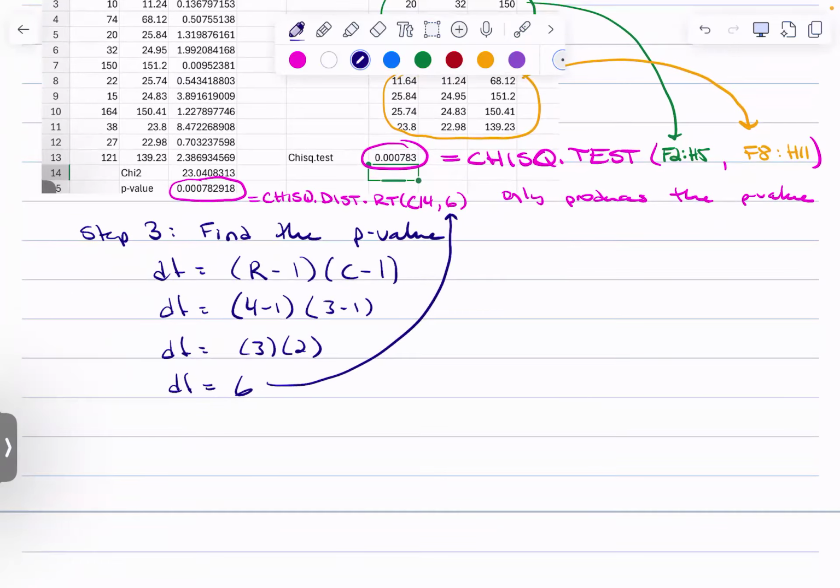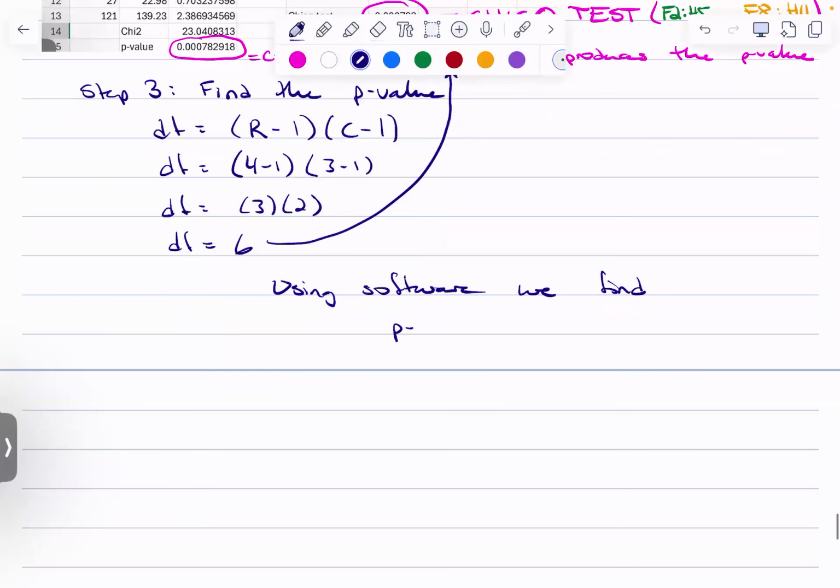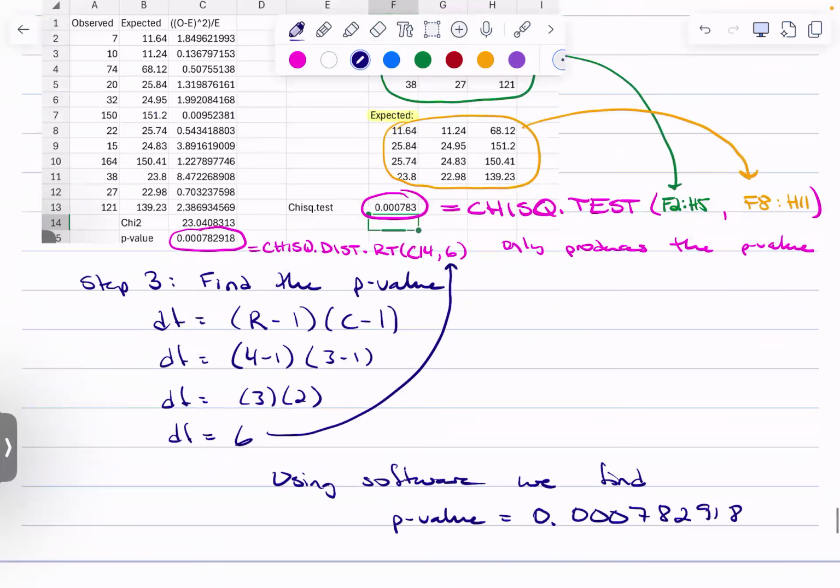But either way, using software, we find the p-value is equal to something small, 0.0000783, or just 7, 8, 3.